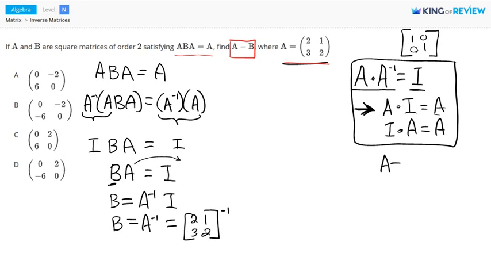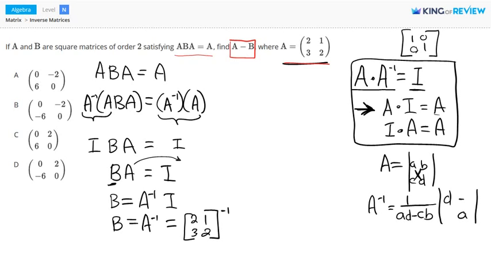Well, if we have matrix A, let's say it's equal to A, B, C, D, A inverse is going to be equal to 1 over the determinant, and the determinant is the main diagonal, so A times D, minus the product of the entries in the other diagonal, so C times B. So 1 over the determinant times the matrix. Now A and D switch places, so D is up here and A is here, and then we take the negatives of B and C.